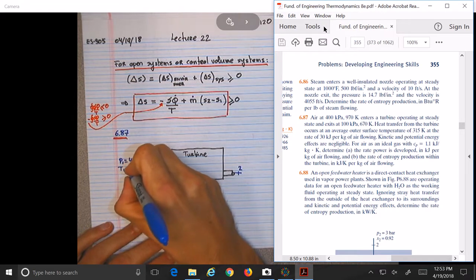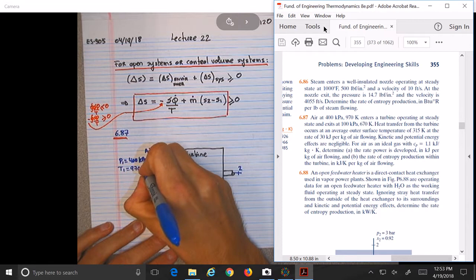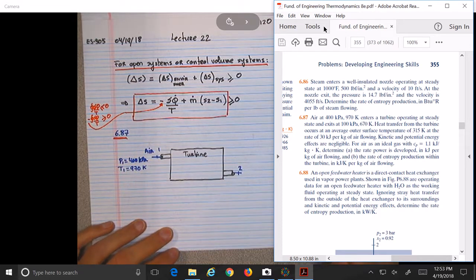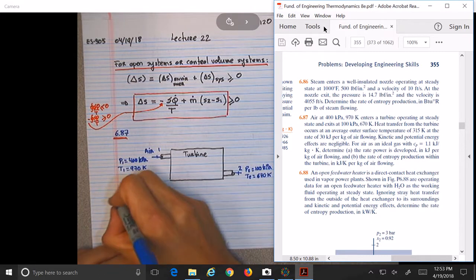The initial temperature is 970 Kelvin. It exits at 100 kilopascals and at 670 Kelvin. In the process, they say steady state.